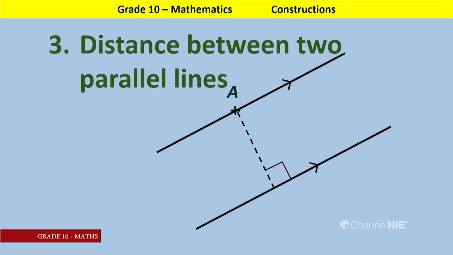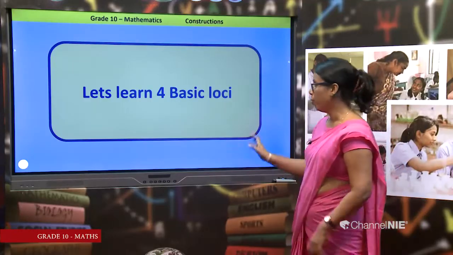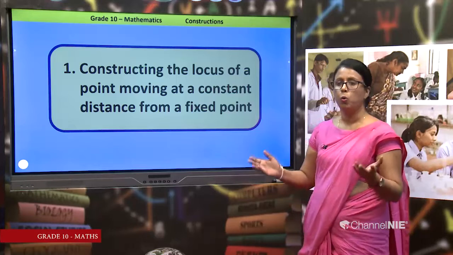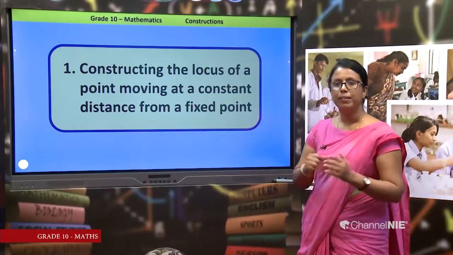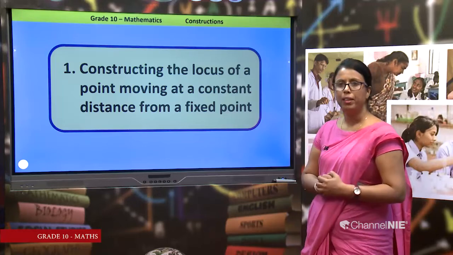We call that also the perpendicular line between two parallel lines. Okay children, now let's learn four basic loci. Before going to learn four basic loci, we should know what these basic loci are. Today, I am going to discuss with you four basic loci.